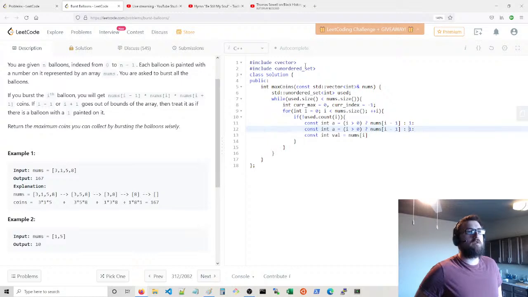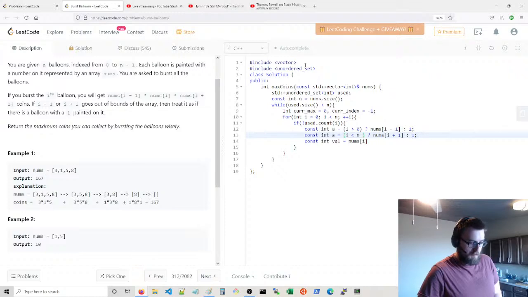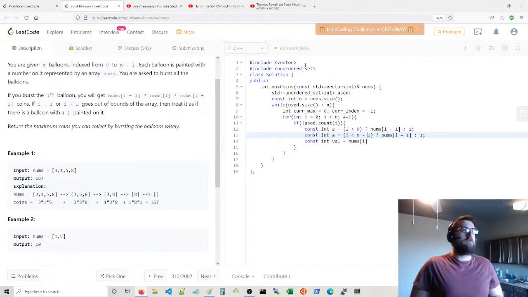b is a similar thing. So we have plus 1, if i is less than, just make that n, i is less than n minus 1, and this will be b.